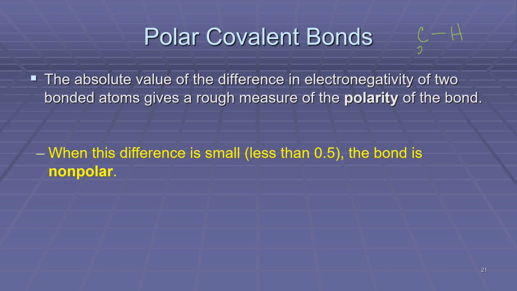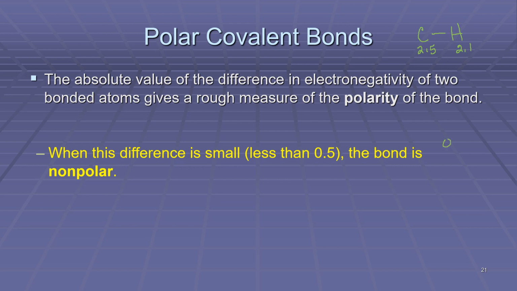So let's look at an example here. If carbon is 2.5 and hydrogen's 2.1, I got those off the previous slide, the difference between them is 0.4. So anything less than 0.5 we consider nonpolar. I will say that sometimes different books have slightly different values for these cutoffs. I think actually the OpenStax textbook says less than 0.4, but I tend to want to include 0.4 in nonpolar.